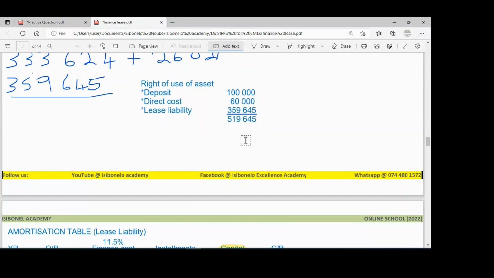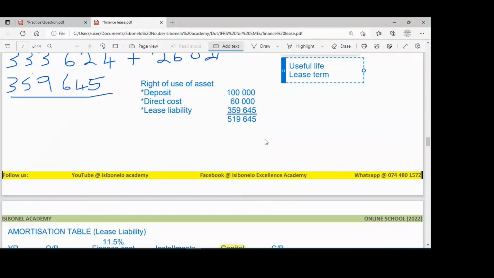519,645. So in other words, this machine we have leased, whose ownership we have for those 6 years, we have to depreciate over those 6 years, and the total cost we incurred for using this machine is 519,645, which means when we depreciate we will use 519,645. Now there is something I must explain regarding the useful life and lease term.